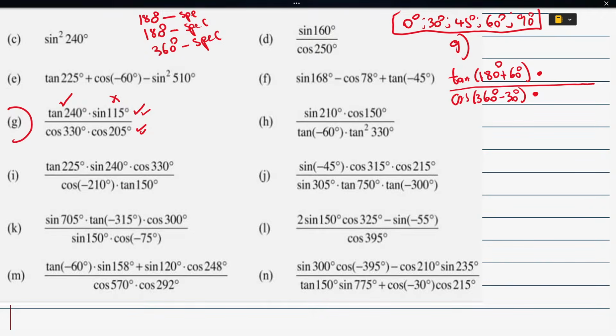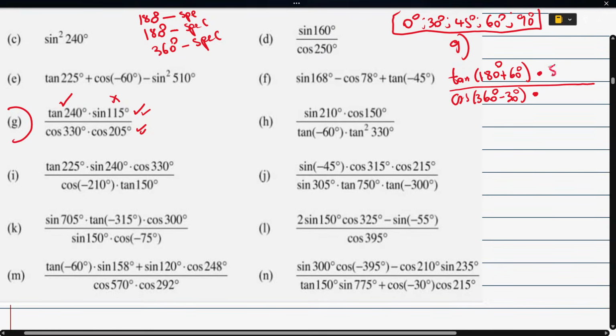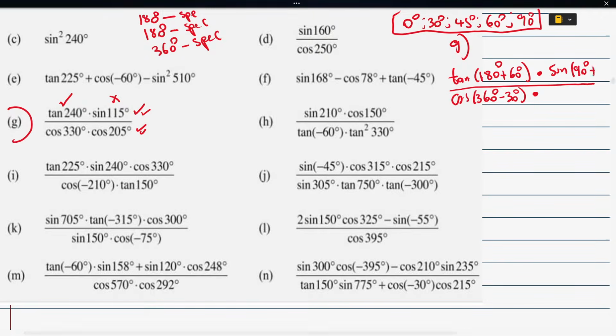Now, since they cannot be changed by special angle, we need to find a way to make them the same, right? Since this one is cos, I can simply say sine of 90 degrees plus 25 degrees.